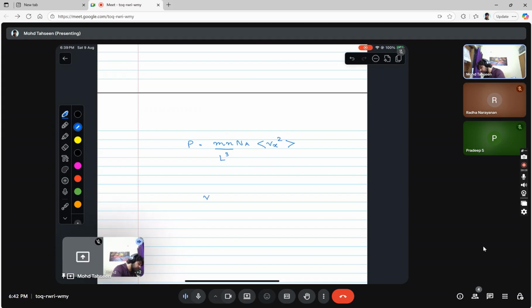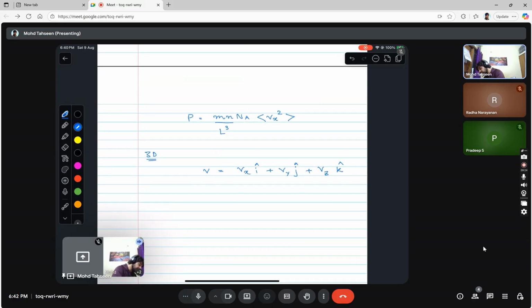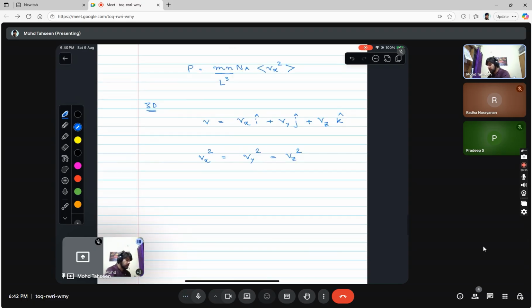So if total velocity v, so now we are going to 3 dimensions here. If total velocity v is equal to, let's say, Vx along i plus Vy along j plus Vz along k, what we assume is that Vx square is equal to Vy square is equal to Vz square, right?